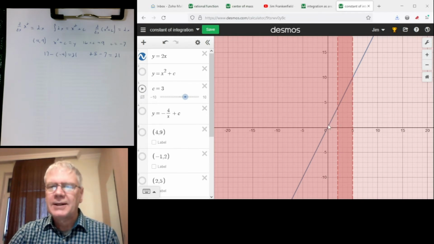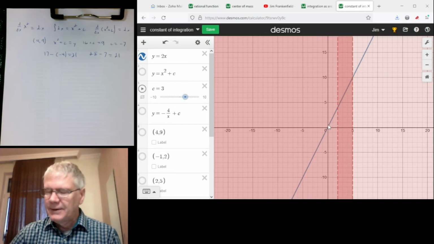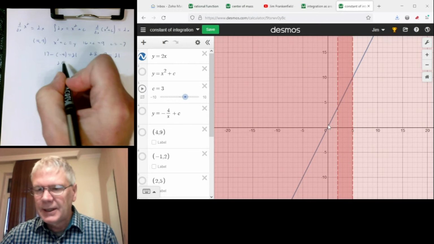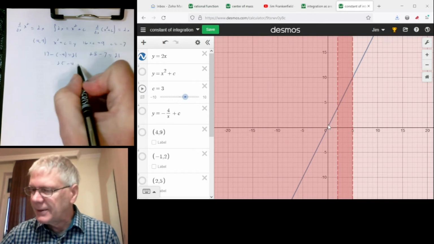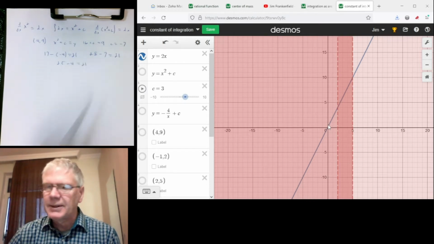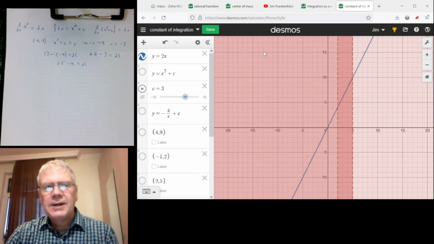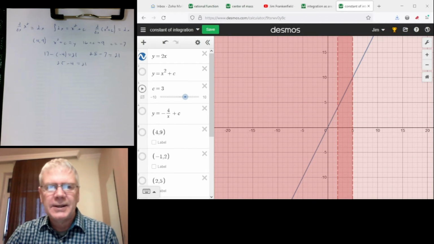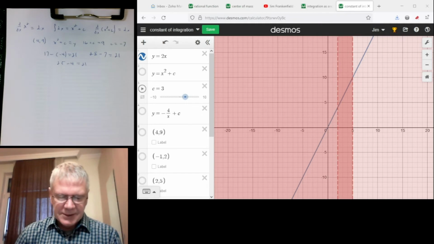So I have to subtract that. So I have 25 for the full triangle, and then 4 for the small one I take away, and I get 21. So this constant doesn't really matter in terms of that. We're taking a definite integral, making a subtraction or difference, and so it just goes out.